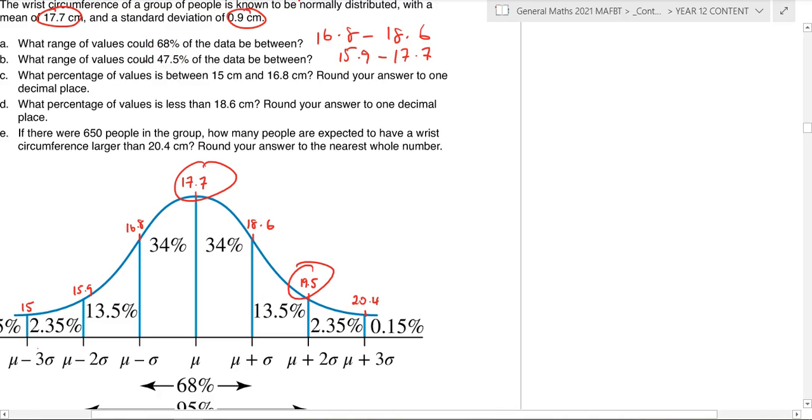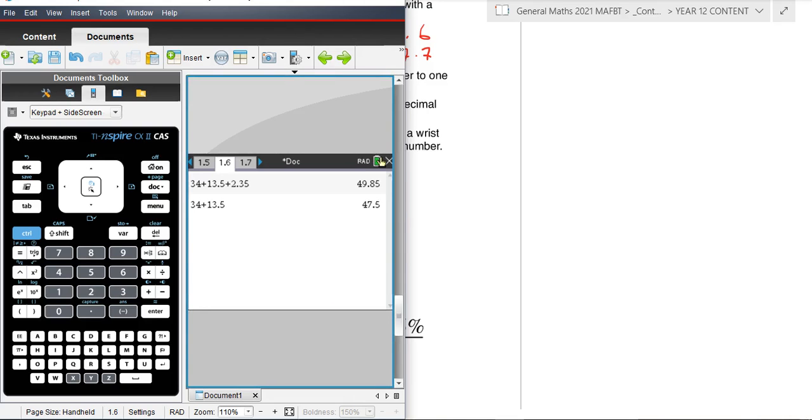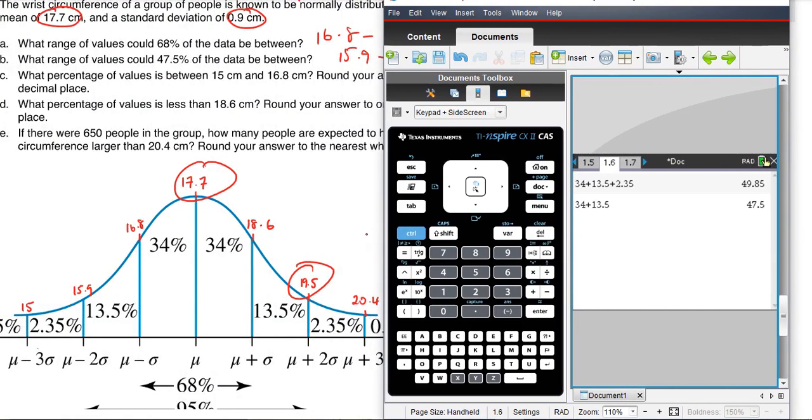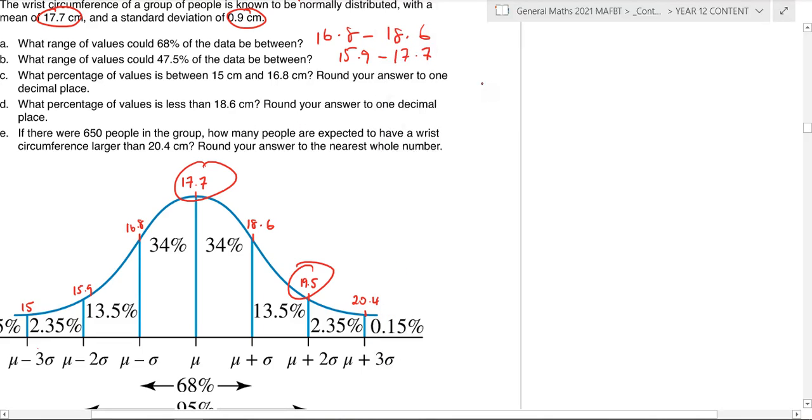What range could 47.5% be? Again, looking at the percentages there, if I added 34% and 13.5, it would equal 47.5. So it could also lie between these two, 17.7 and 19.5. It could lie in between there as well.